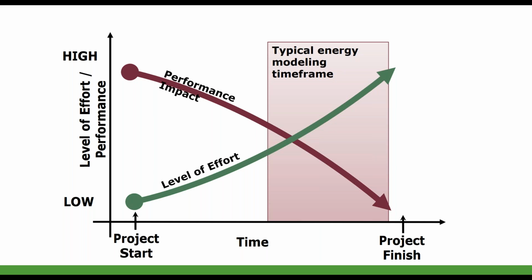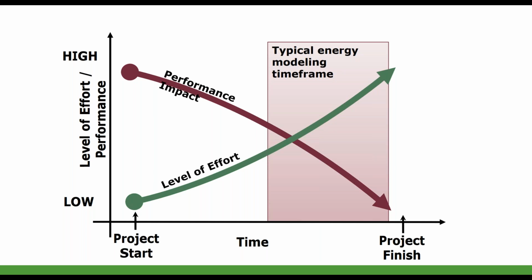But I really like this chart because it shows the importance of deciding early, right? At the beginning of a project, that lower left quadrant of that green line. So right when a project starts, the level of effort it takes to make better choices, and maybe more efficient choices, is very low. But the impact of making those choices is very high.